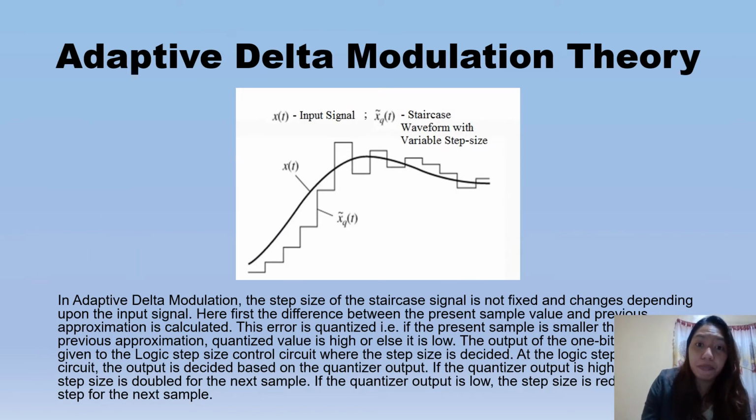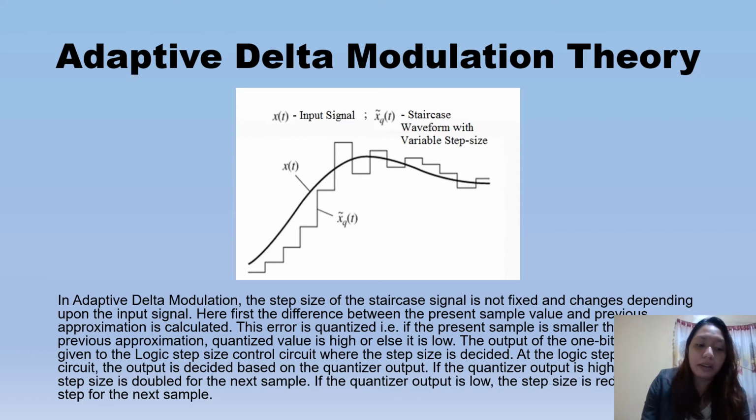The adaptive delta modulation theory. In adaptive delta modulation, the step size of the staircase signal is not fixed and changes depending upon the input signal. Here, first, the difference between the present value and the previous value approximation is calculated. This error is quantized. If the present sample is smaller than the previous approximation, the quantized value is high, or else it is low.